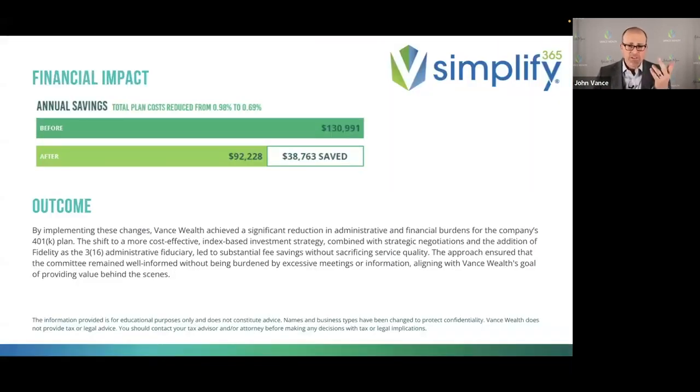So in this plan example, this was an actual outcome. We can't guarantee this is going to happen every time, but basically, because of the size of the plan, fees were reduced from about 1% to just under 0.7%. So we saved on an annual basis, at current plan size, over $38,000 per year. And that's spread out among some company savings as well as participant savings.